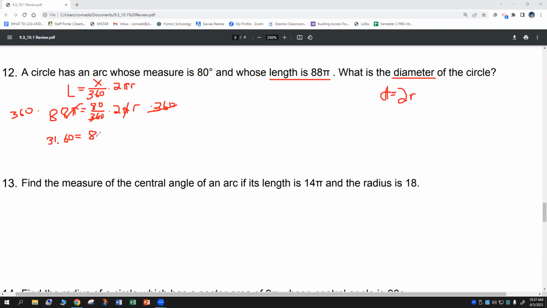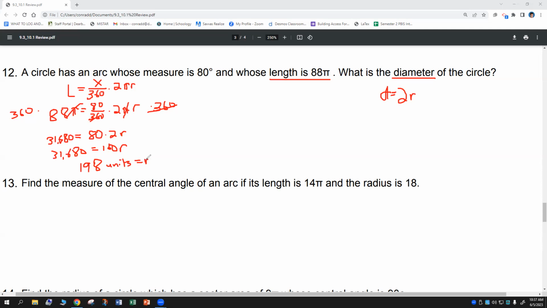And that's going to be equal to 80 times 2 times r. So then it's 31,680 equals 160 r. And then you divide both sides by 160. And I get my radius is 198 units.